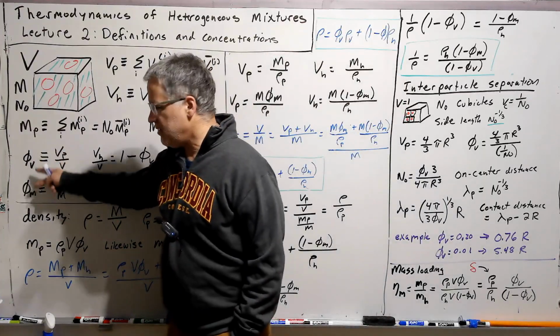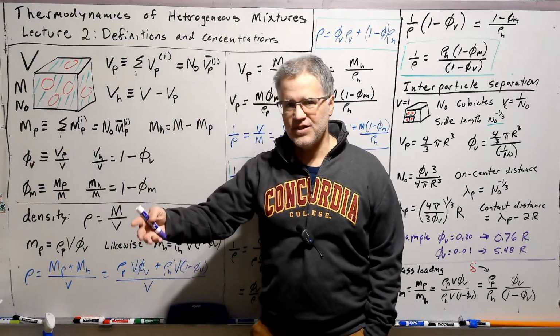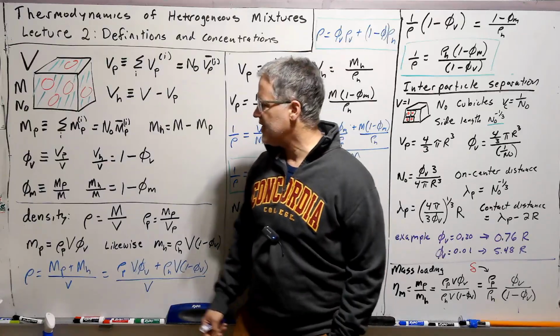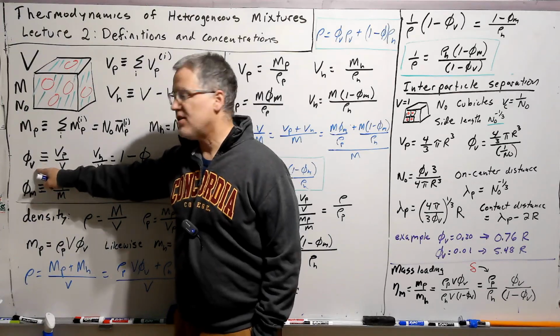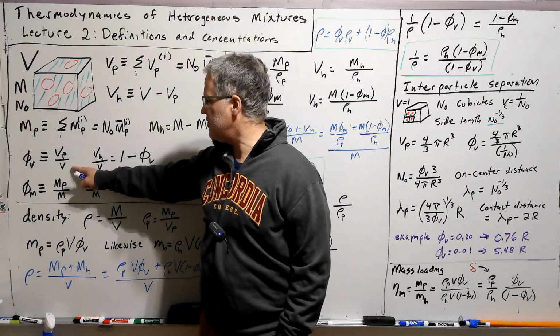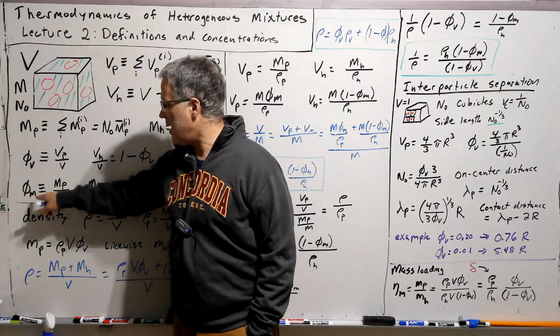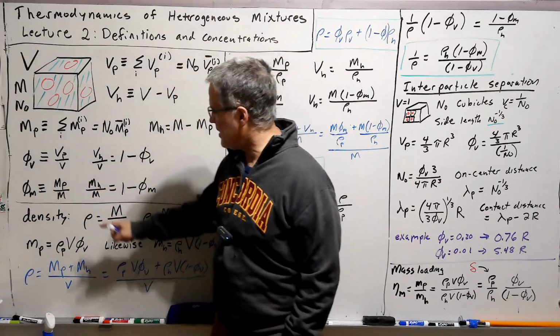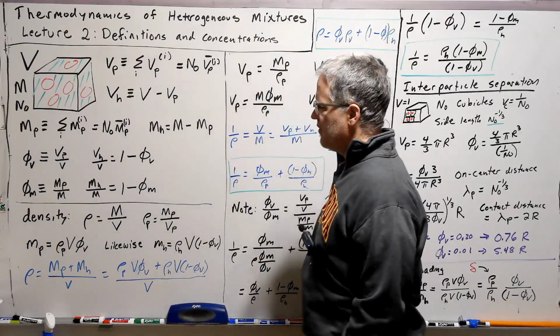Two really critical parameters that we're going to see in all of our equations. In fact, we're going to try to cast most of our equations in terms of these parameters. So either a volume concentration, which is the volume of the particles over the total volume, or, and we'll do mostly this, a mass concentration, which will be the mass of the particles over the total mass.